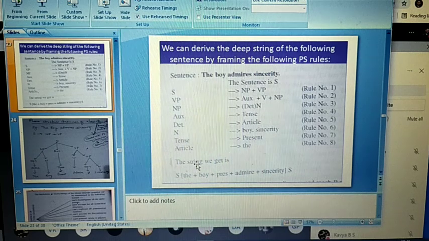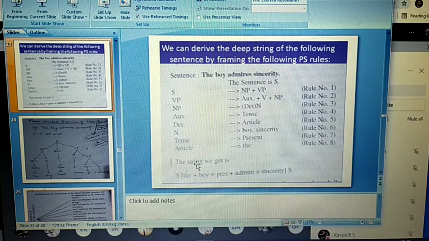So what is a sentence? Sentence is S. What is rule number 1? Sentence is noun phrase plus verb phrase. Rule number 1. And what is verb phrase? Verb phrase is auxiliary plus verb plus noun phrase. Rule number 2. Noun phrase, NP.